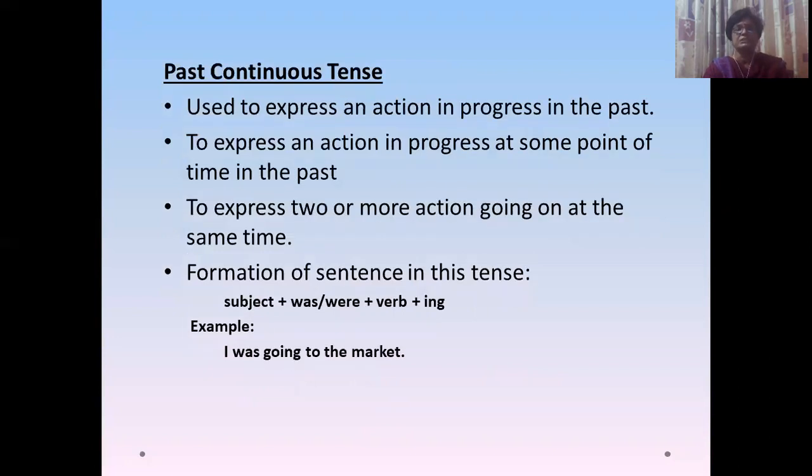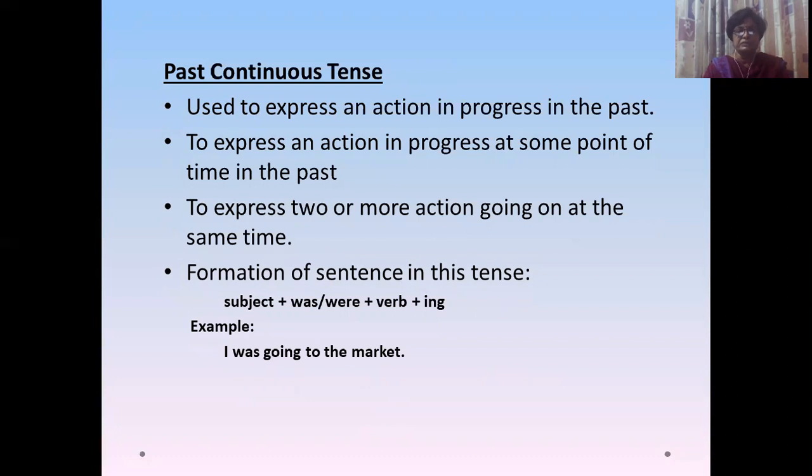Now the second is past continuous tense. This tense is used to express an action in progress at some point of time in the past. It is also used to express two or more actions going on at the same time.